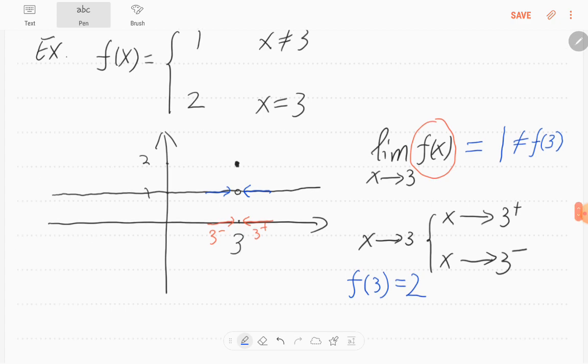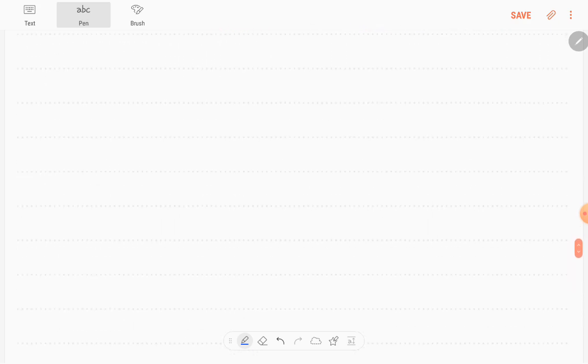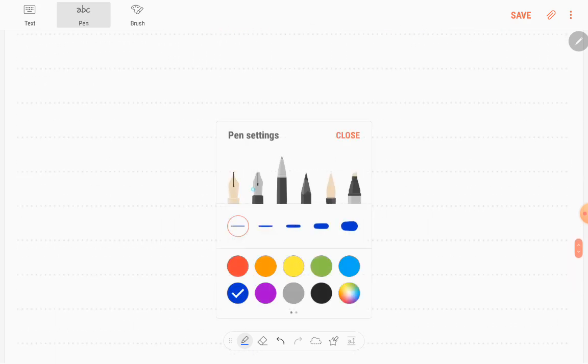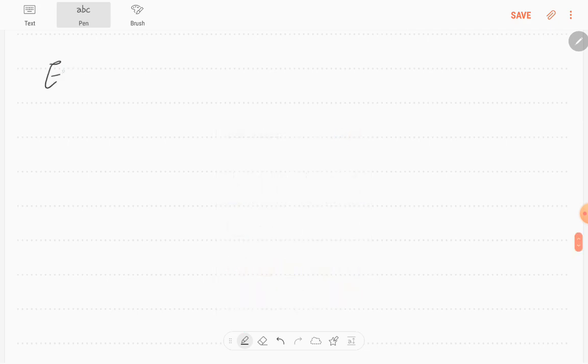Now let's look at another example, which is the function f of x equals sine of 1 over x.